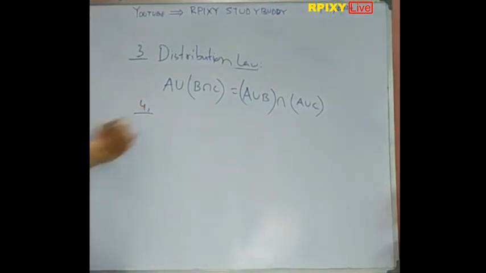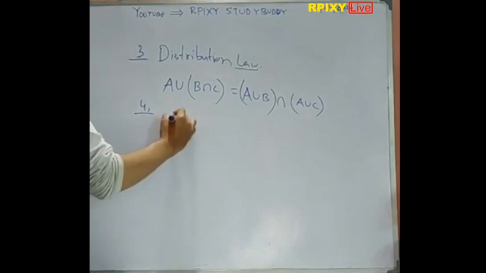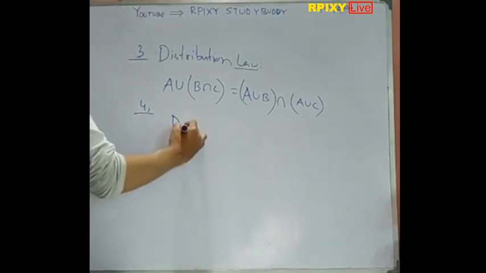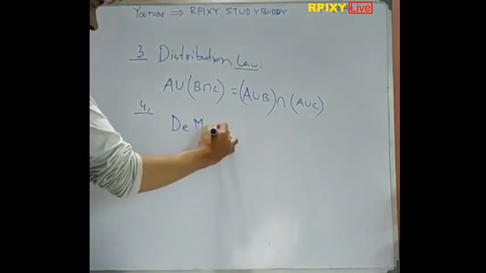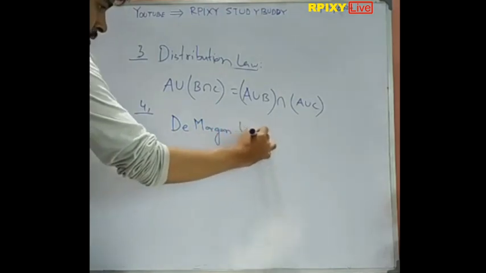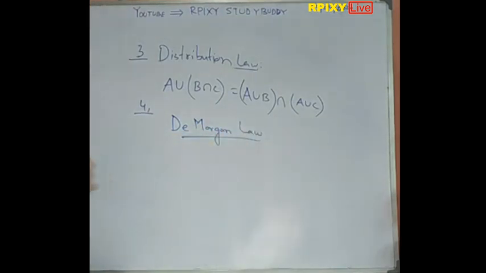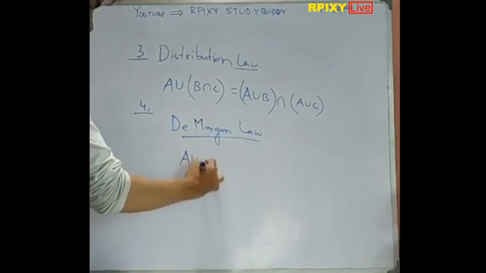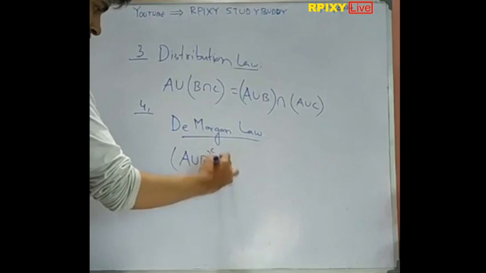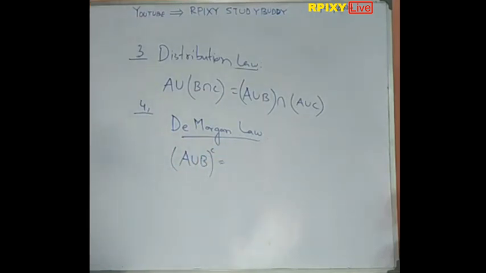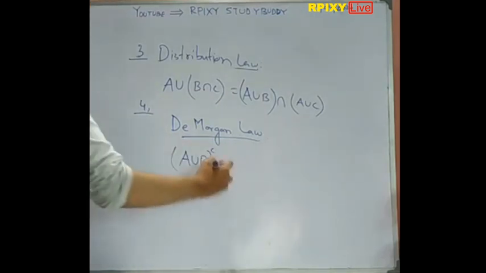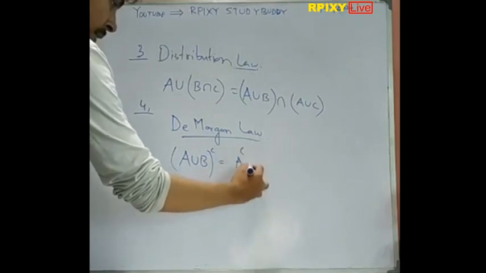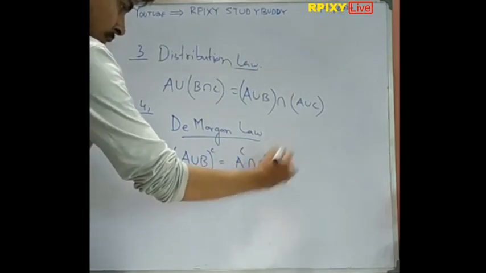Number 4, this is an important law. It is known as De Morgan's law. What is that? A union B complement is equal to A complement intersection B complement.